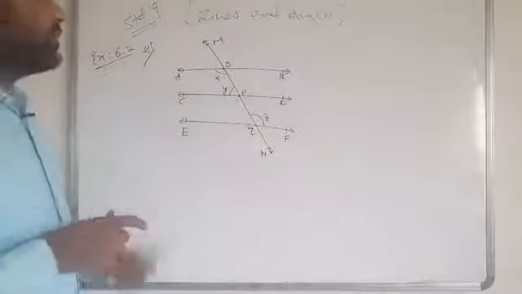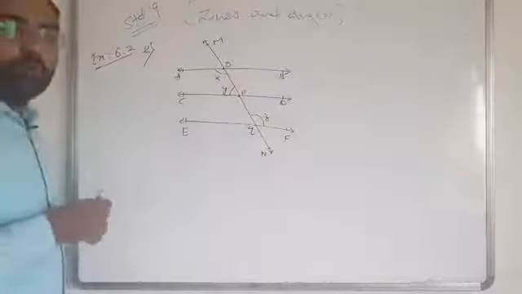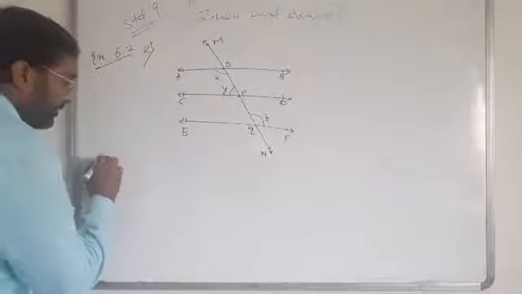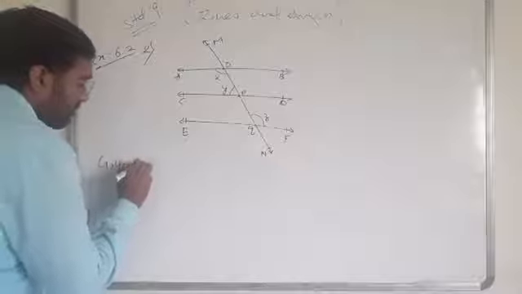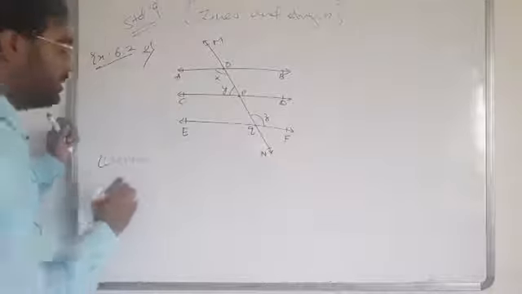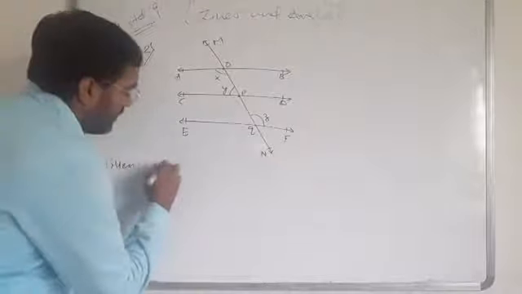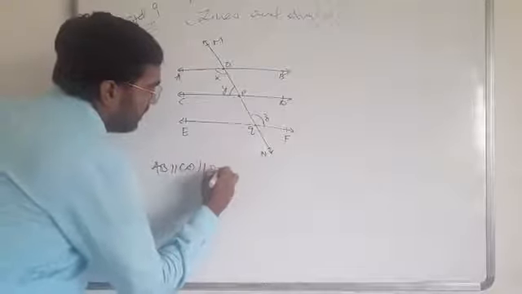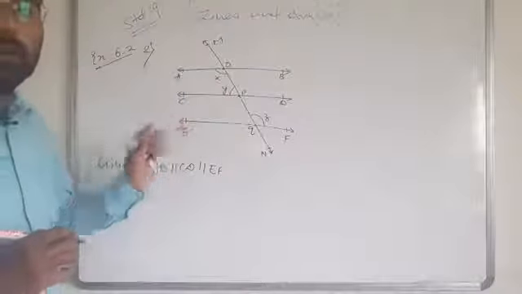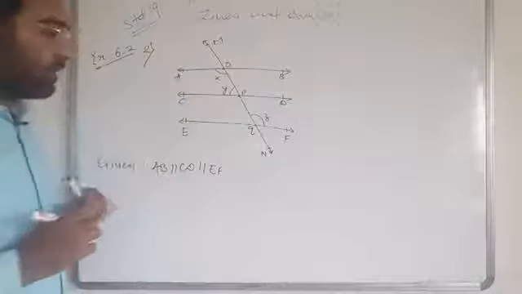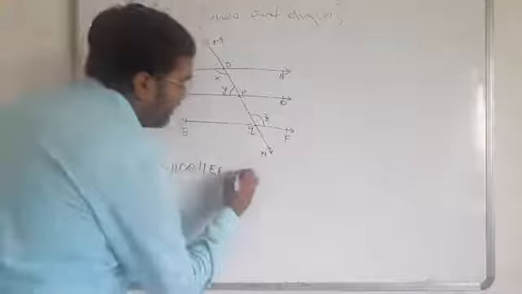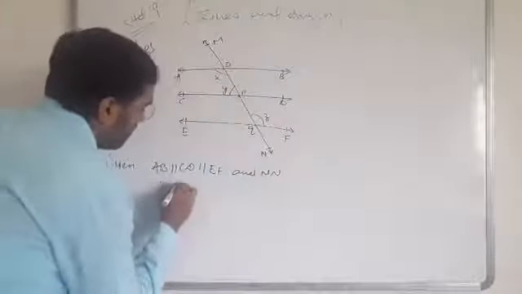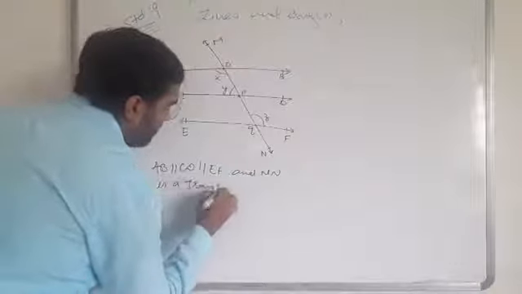Now, from the question, first of all we write what is given. AB is parallel to CD and CD is parallel to EF. All three lines are parallel to each other, and MN is a transversal.